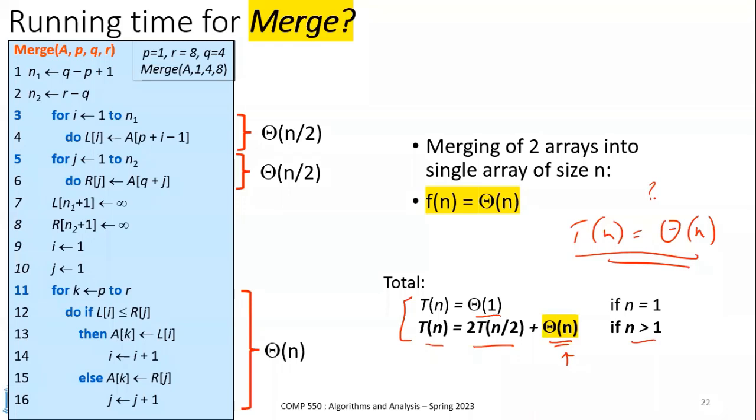So what do you think? It should actually be smaller than theta of n? So is it going to be the same or larger or smaller? I'm not sure if I heard you right. Do you understand my concern, my question?